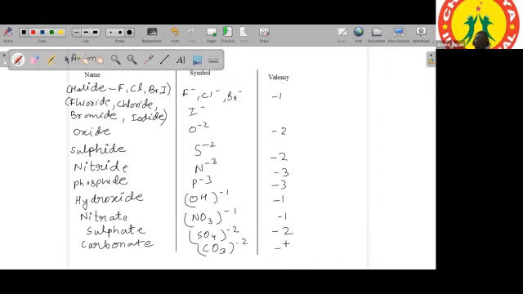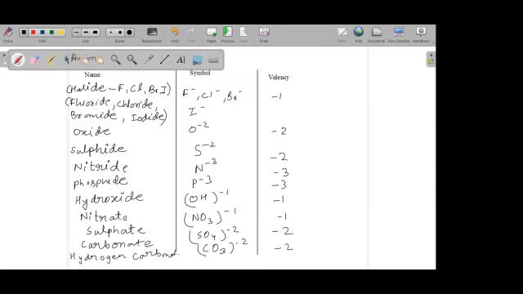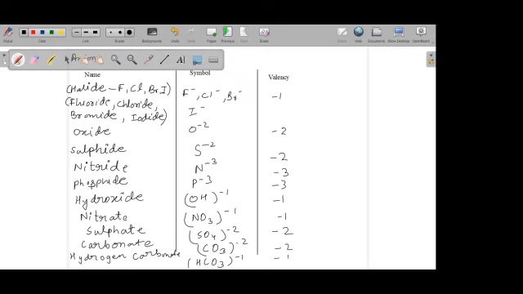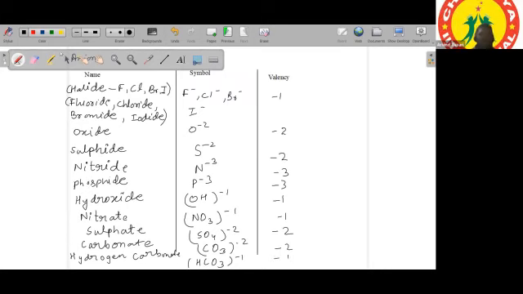Formula is CO3, so it's -2. Then you have hydrogen carbonate. Can you tell for hydrogen carbonate? Sir, HCO3, and valency is -1. Okay. Then you have the phosphate. PO4, -3. Okay.